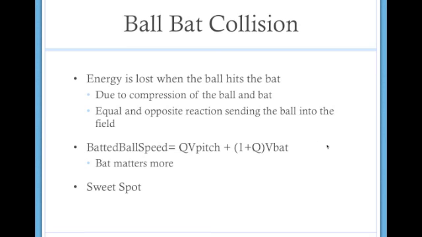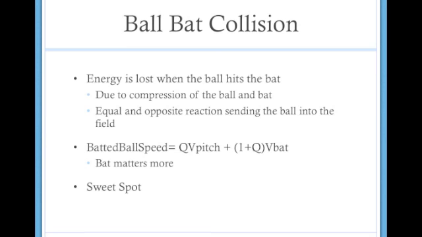And you can see from this equation here that the velocity of the bat is actually a much bigger component of that batted ball speed than the velocity of the pitch, which would not be what you would logically think at all. It's really interesting that the bat matters a lot more. So the batter plays a more critical role in that than the pitcher does.